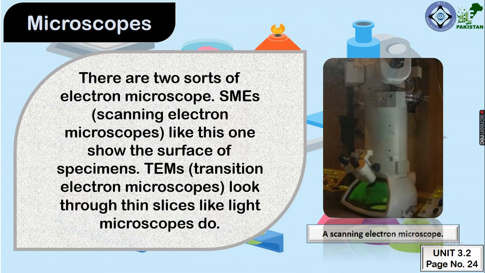There are 2 sorts of electron microscope. SEMs, scanning electron microscopes, like this one, show the surface of specimens. TEMs, transmission electron microscopes, look through thin slices, like light microscopes do.